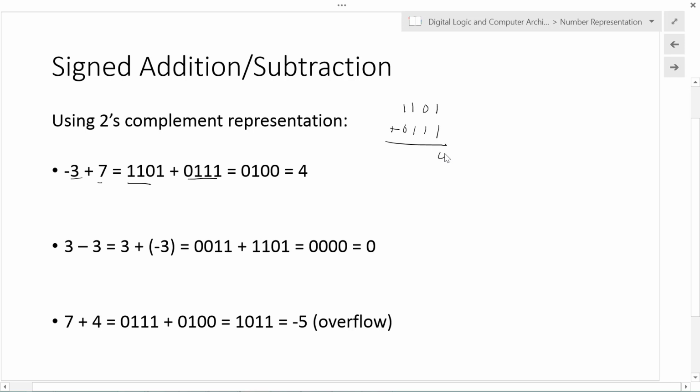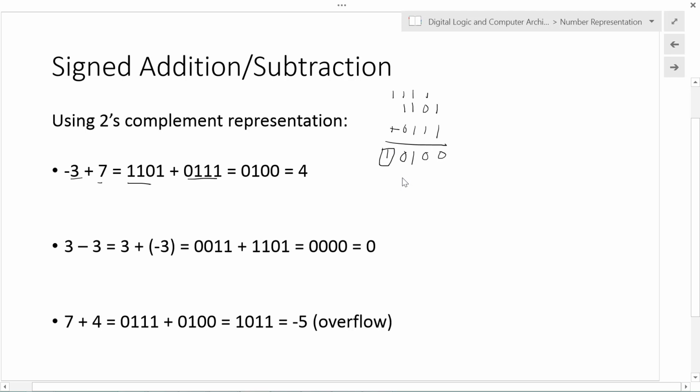So we have 0, carry the 1, because 1 plus 1 is 2, which is 0 in the 1's column and 1 in the 2's column. 1 plus 0 plus 1 is the same as 2, so 0, carry the 1. 1 plus 1 plus 1 is 3, so 1 and carry the 1. Then 1 plus 1 is 2, so 0, carry the 1. And we have a 1 here at the end.